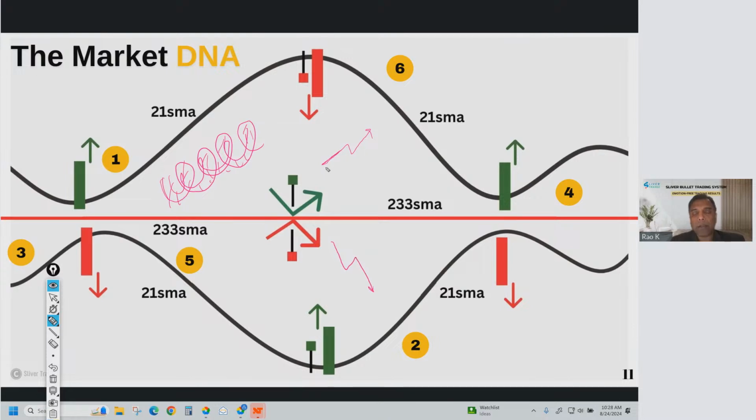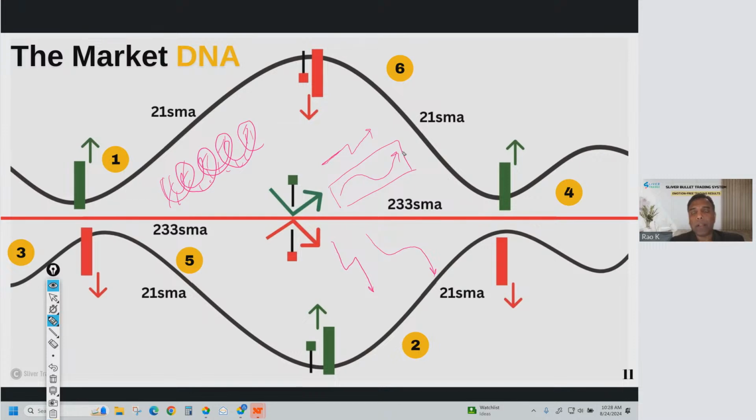And the movements are not this pointy or sharp. If we average them out, they will be smooth. This is the movement of stock price. So this is the building block, or the DNA, of the market. This is how the price moves.